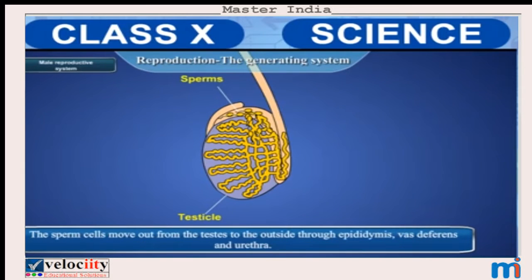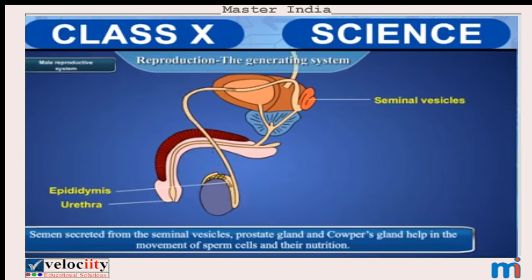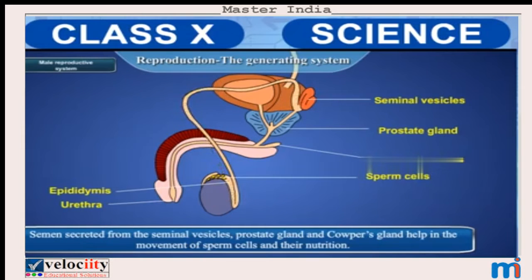The sperm cells move out from the testes to the outside through epididymis, vas deferens, and urethra. Semen secreted from the seminal vesicles, prostate gland, and Cowper's gland help in the movement of sperm cells and their nutrition.